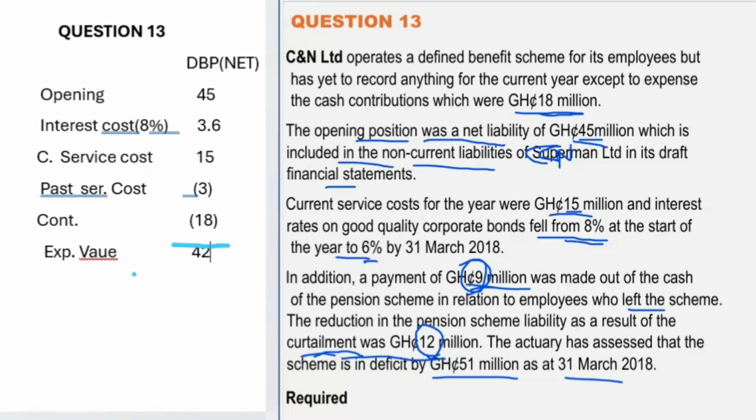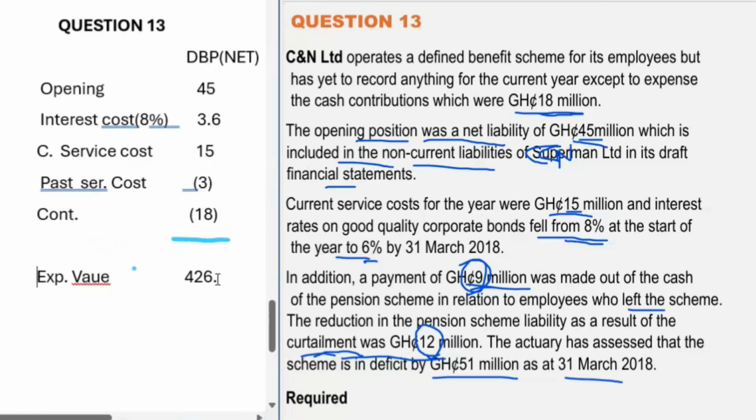I hope it's 42.6. Yes, I'm sure. So it is 42.6. So the expected value is 42.6. Then we'll go and compare this 42.6 with the closing value.